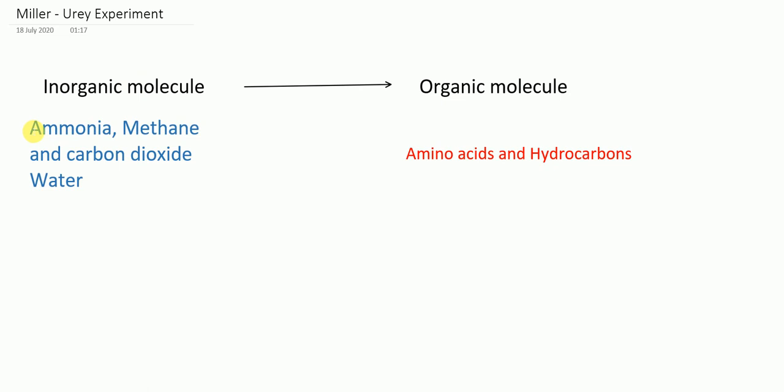So gases like ammonia, methane, carbon dioxide alongside with water, we consider all of them as inorganic molecules, while molecules like amino acids and hydrocarbons are considered to be organic molecules.